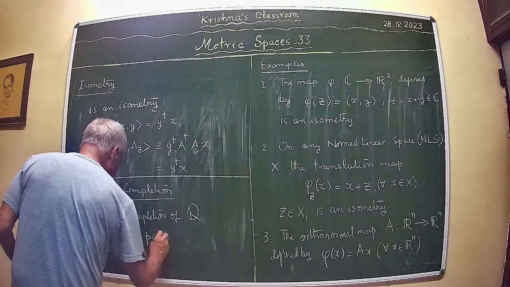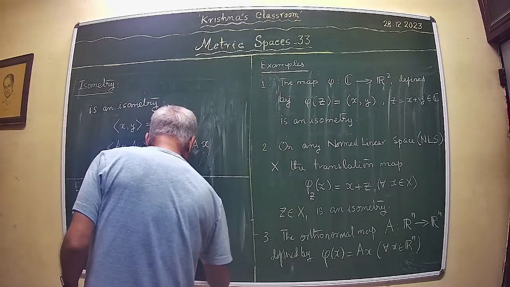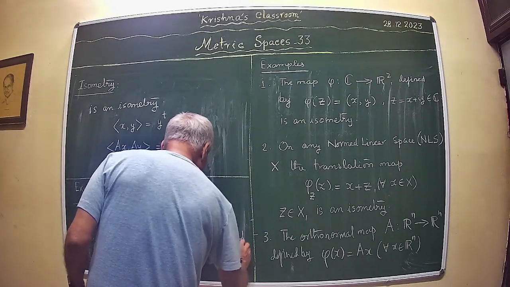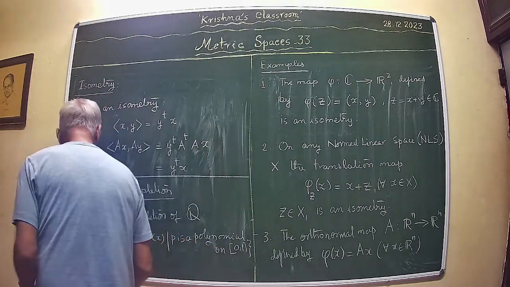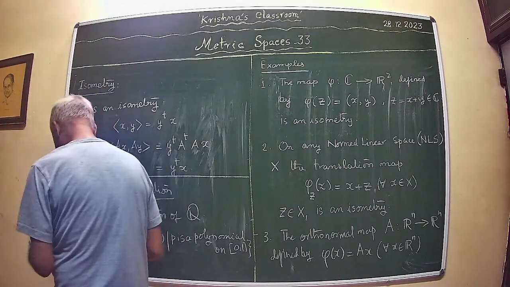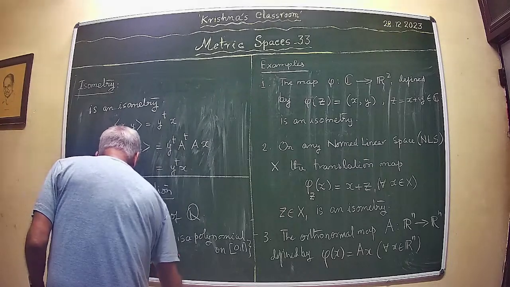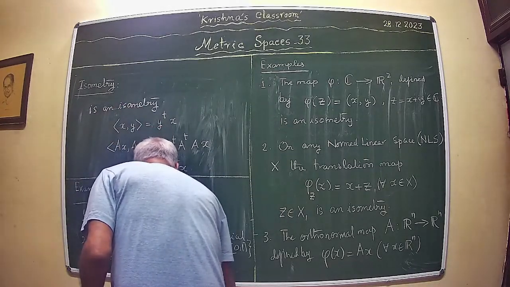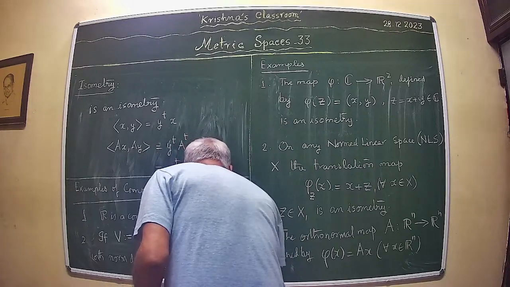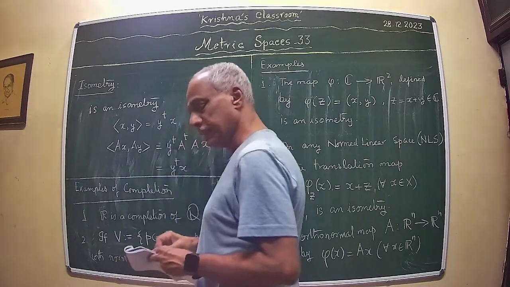The set of all polynomials P(x), P is a polynomial, with norm defined by norm of P, that is the sup norm.